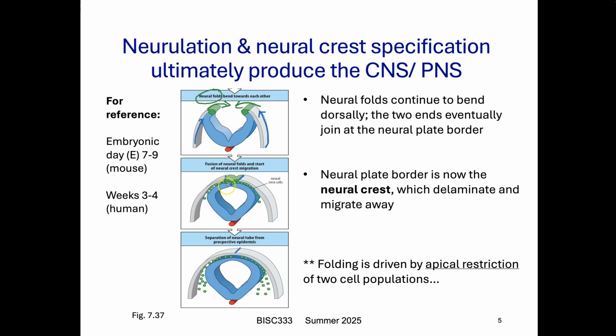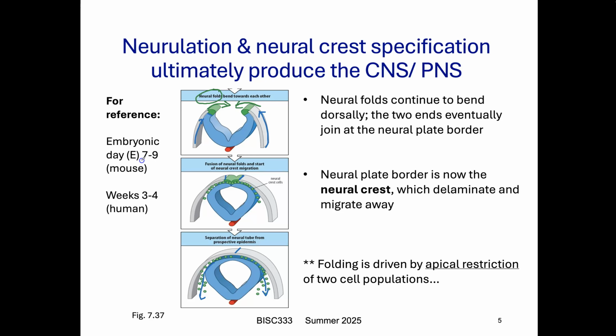The edges of the presumptive neural tube find each other and fuse, and that excludes the neural crest cells, which are left between these two completed structures, and then you get migration away, in a variety of routes. So different of these cells are going to wind up in different regions of the body.